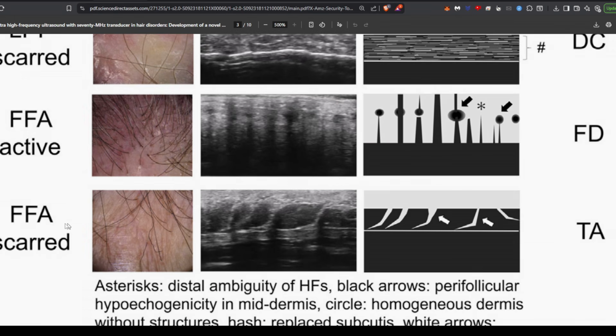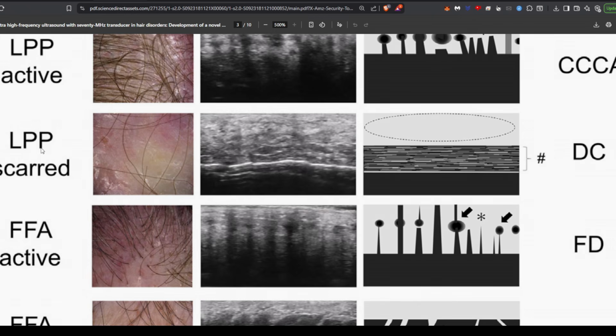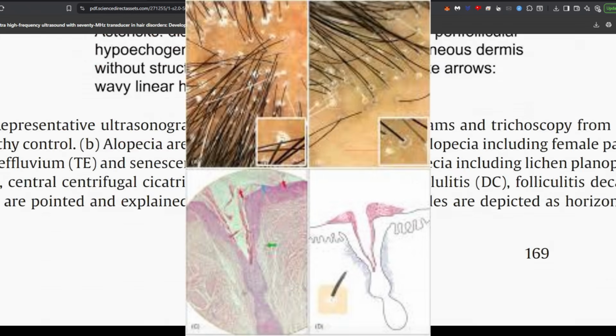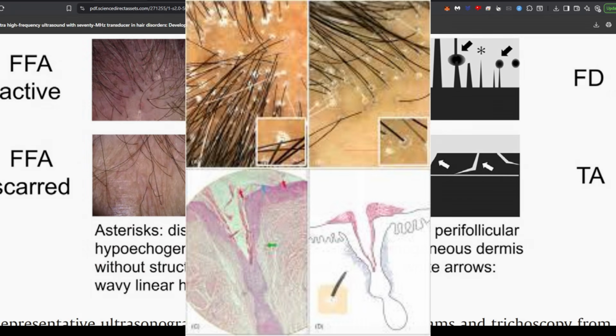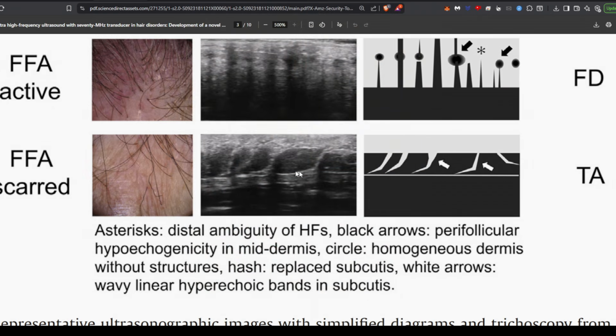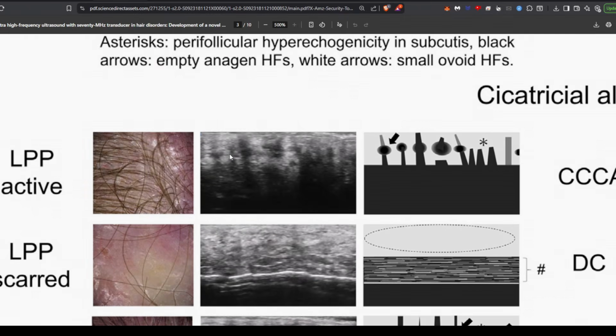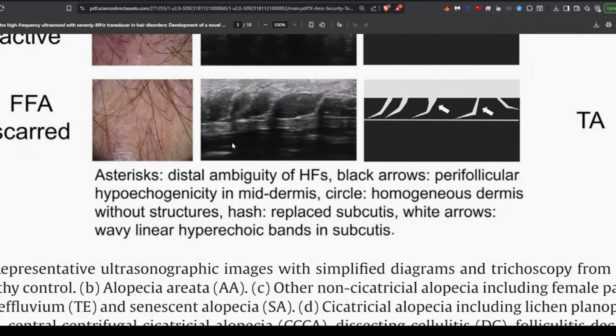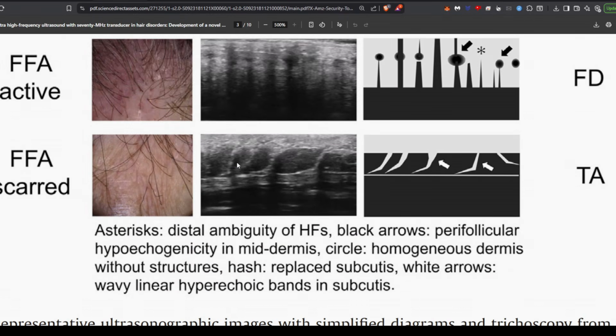What's interesting about frontal fibrosing alopecia is, let's go to Lichen planopilaris first, LPP scarred is scarred, but with frontal fibrosing alopecia, the follicular units, the tubular structures are scarred. And essentially, these are areas of hyperechoic bands, and that is where the hair follicles used to be. So in both cases, the hair follicles are destroyed, but in frontal fibrosing alopecia, what we're seeing here is that there's less fibrosis at the dermis layer.